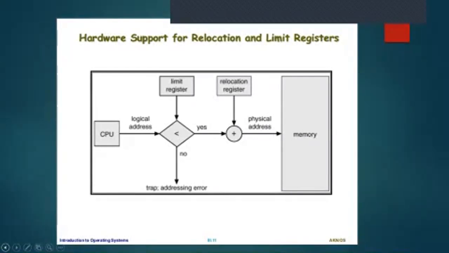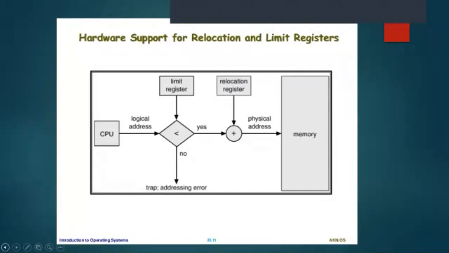What is a relative address? At the time of compilation, a compiler converts symbolic addresses into relative addresses. And what is a physical address? The loader generates these addresses at the time when a program is loaded into main memory. That is the definition of physical addresses.